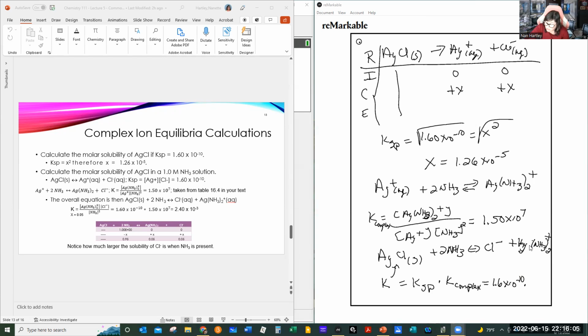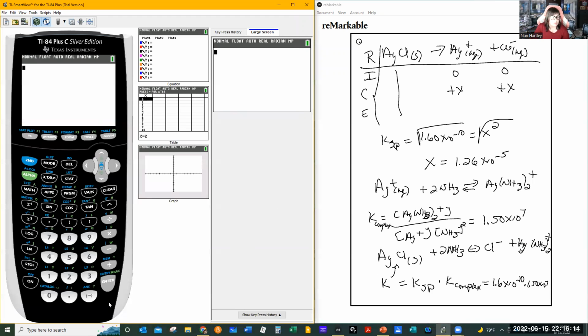Times the 1.50 times 10 to the 7th, which of course we can do some happy math with. Turn the calculator back on, and we have 1.6 second EE negative 10 times 1.50 second EE 7, and that gives me 0.0024.